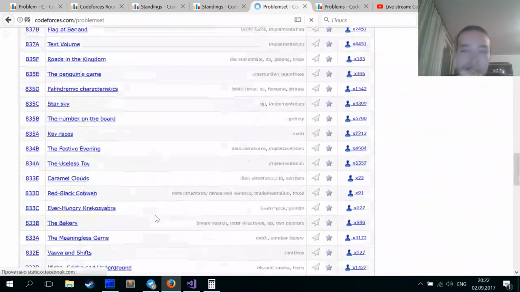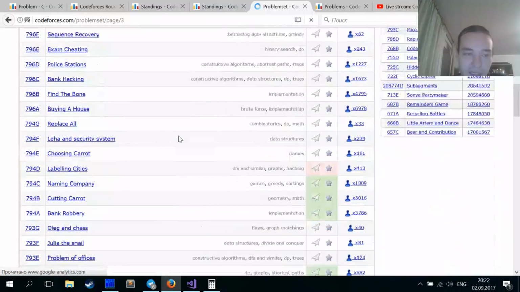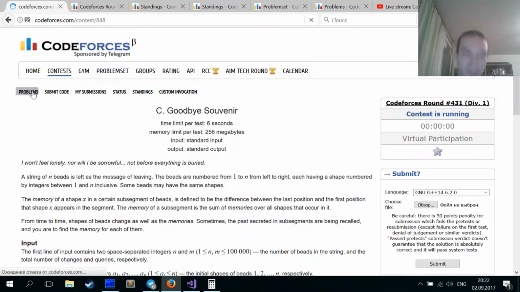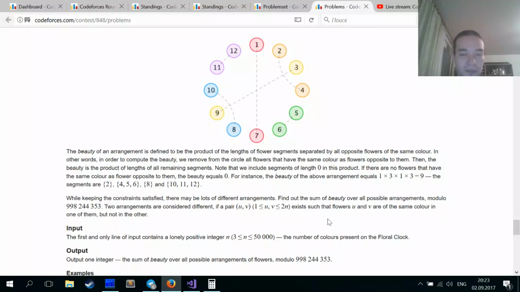And the rest is just grinding up the problems. At some point it may be the case that the idea involves some theoretical knowledge. It may be just a common idea, it may be a certain algorithm that you're not familiar with.